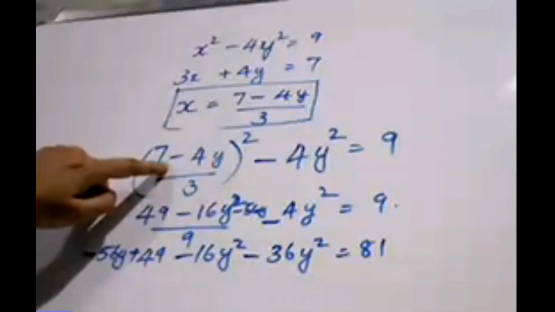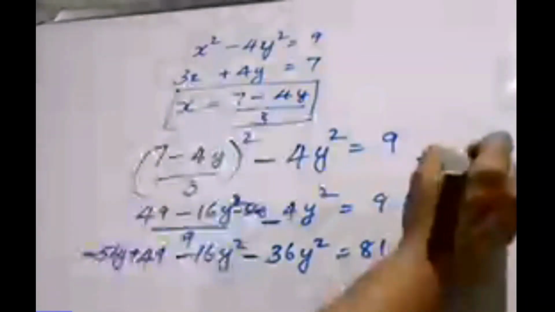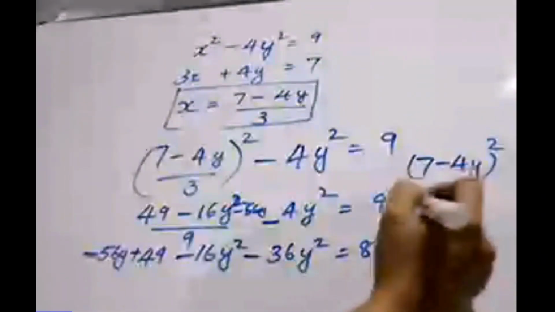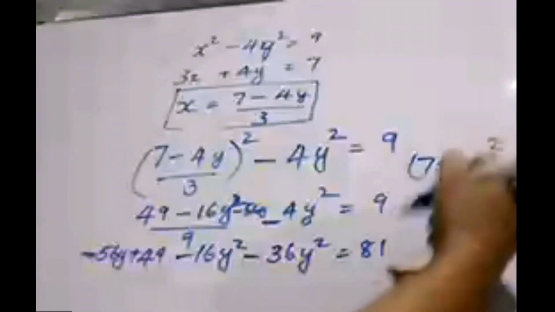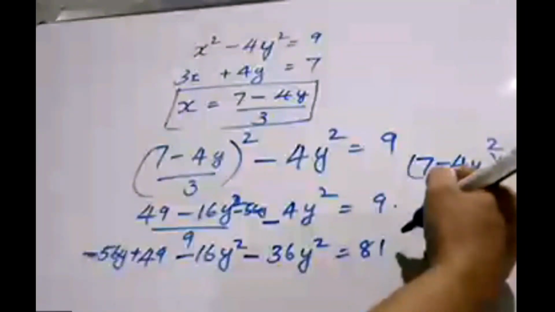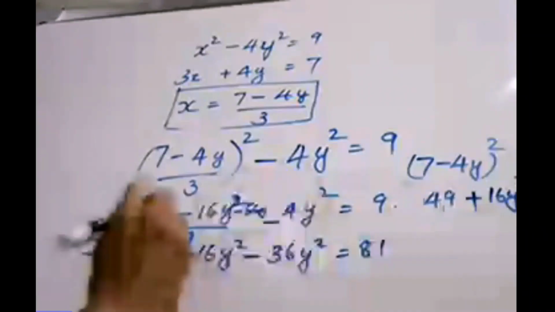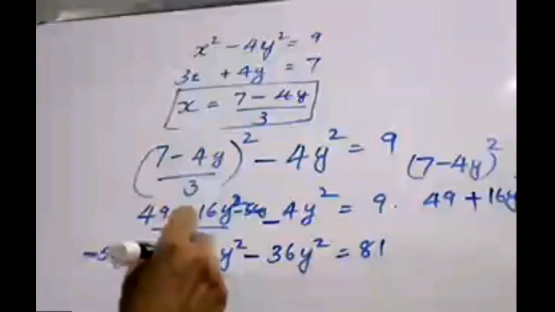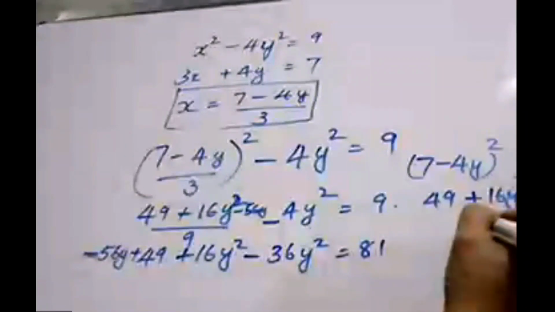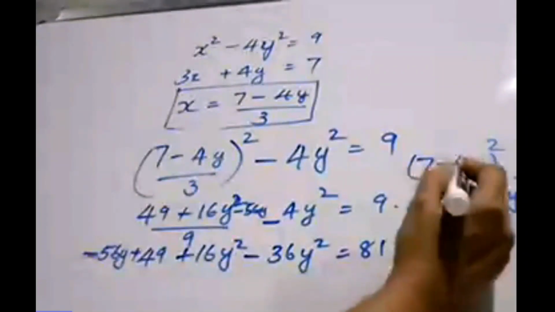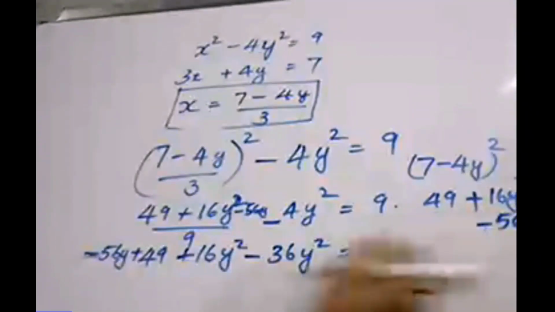This is whole squared, right? 7 minus 4y, the whole square, which is equal to 7 squared plus the square of the last term is 16y squared. Yeah, this is plus. And one more term is there. That is equal to negative 2 times this, is equal to 28, 2 times is equal to 56y.